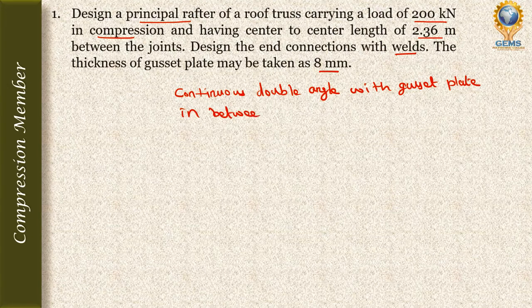So in between we will have a gusset plate and both sides we will have a continuous double angle. So it is a continuous double angle. We know our effective length constant, we can assume 0.7 L to 1 L. We have to assume any one value from this. And we know sigma AC dash is equal to sigma AC. So what sigma AC we are finding out, it will be the same as the sigma AC dash.